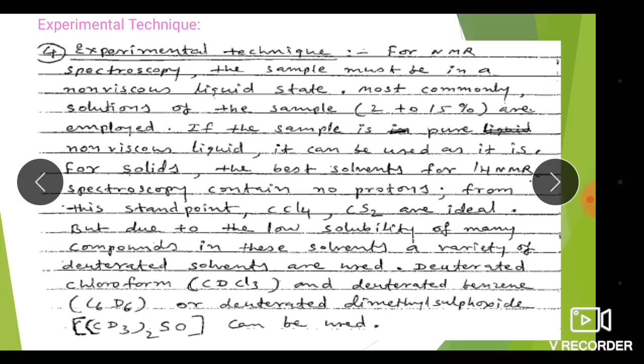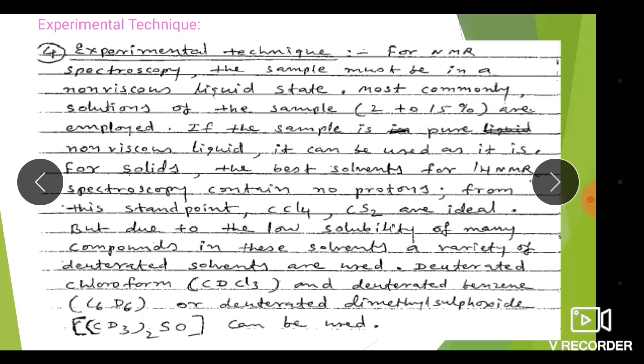If the sample is a pure non-viscous liquid, it can be used as it is. For solids, the best solvent for H1 NMR spectroscopy contains no proton. From this standpoint, CCl4 and CS2 are ideal.